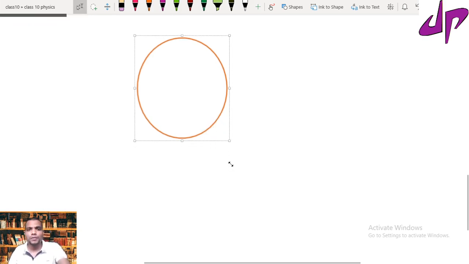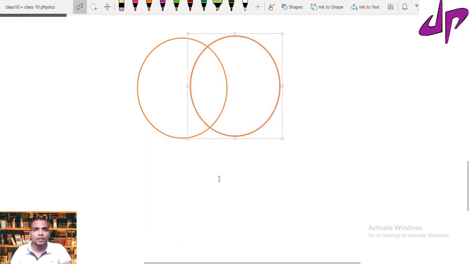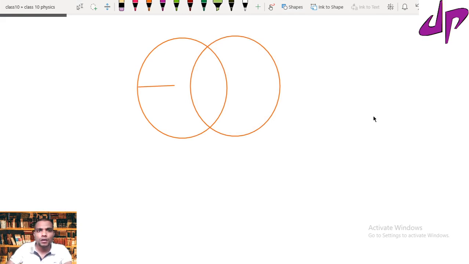So this spherical surface has a radius of curvature. Suppose this is the center and this has a radius of curvature, and similarly this one also has a radius of curvature.